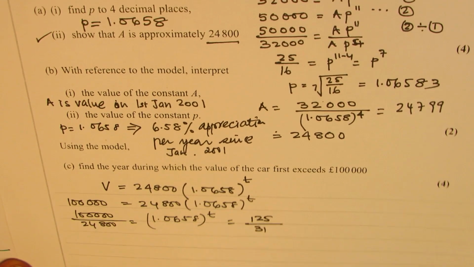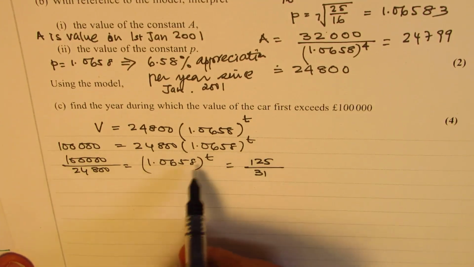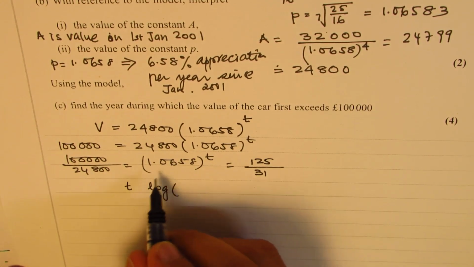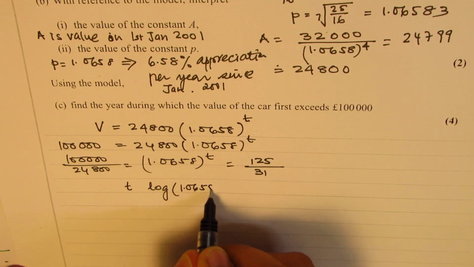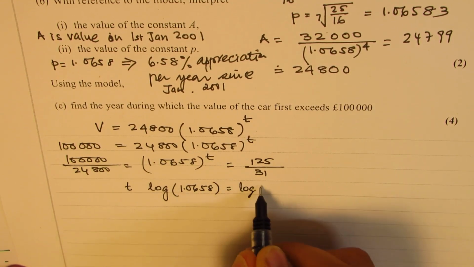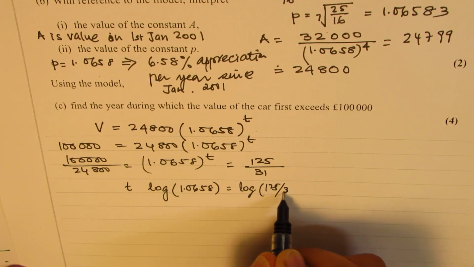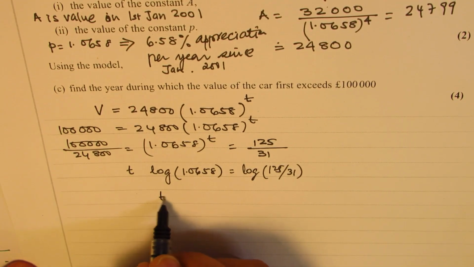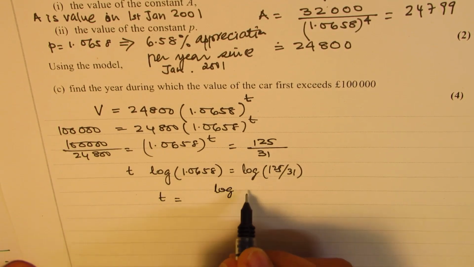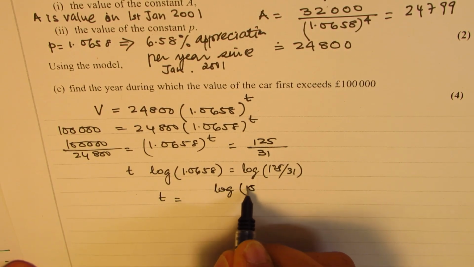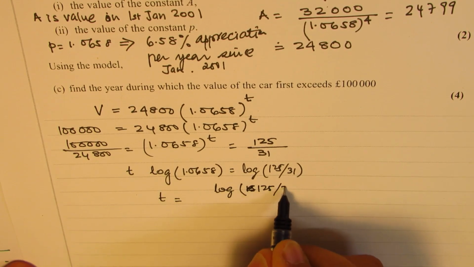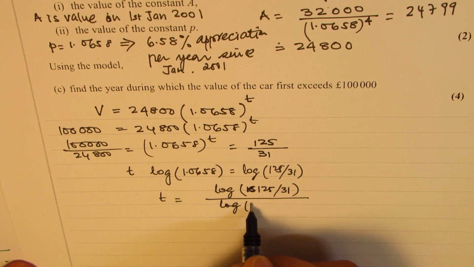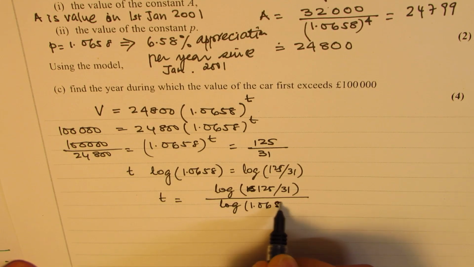To solve this equation, we should take log on both sides. So T log of 1.0658 equals log of 125 over 31. That gives the value of T as log of 125 over 31 divided by log of 1.0658.